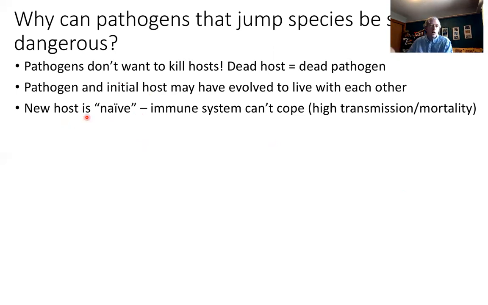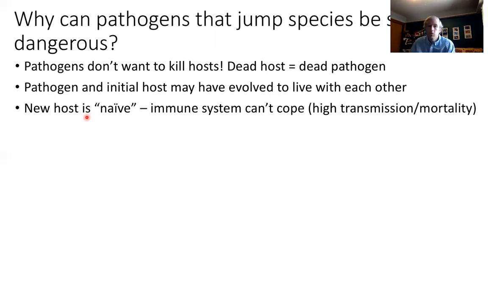Its immune system can't cope with this new threat, and so as a result, this new pathogen has a very high transmission probability and very high levels of mortality. It might mount such a strong pathogenic impact that it kills its new host, which it doesn't really want to do, but it's an unfortunate side effect.